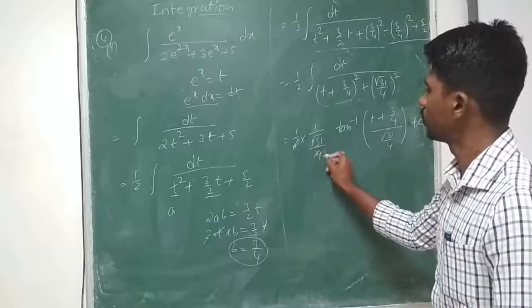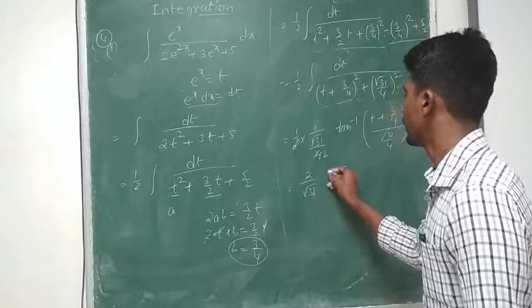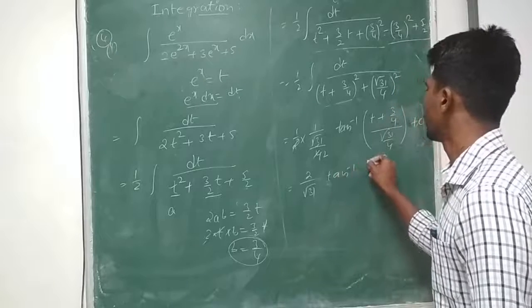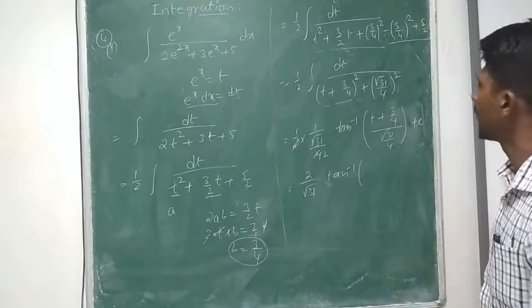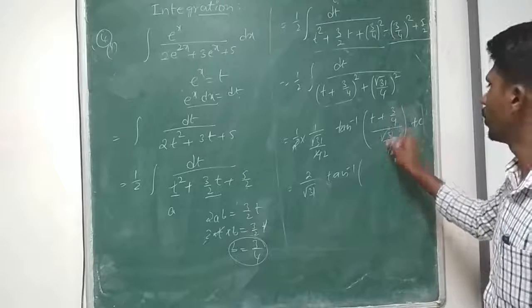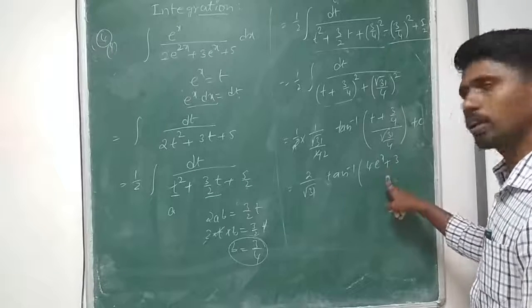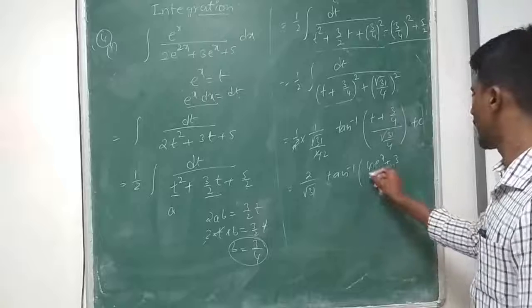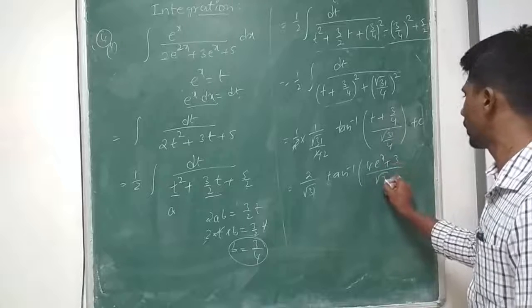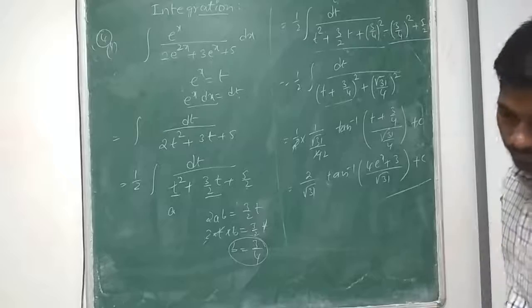So the answer is 2 by root 31 into tan inverse of, replacing t with e power x, take LCM 4, so I get 4 into e power x plus 3 by 4, and in the denominator again 4, both get cancelled. I get in the denominator only root 31, plus a constant c.